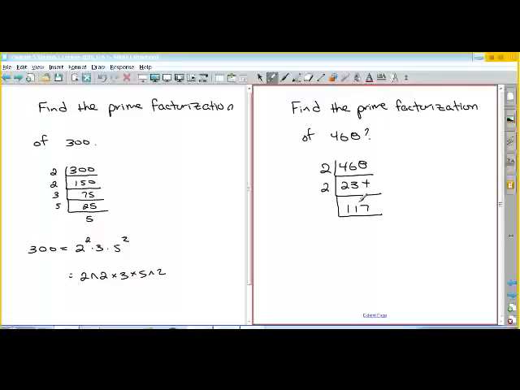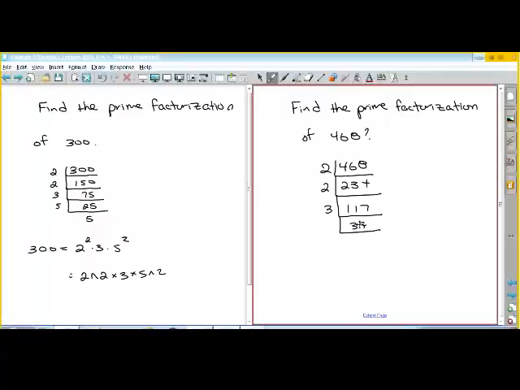So we go to 3, and the rule says if you take the sum of the digits, and you can divide the result by 3, it's divisible by 3. So 117 divided by 3 is, and I'm going to use my calculator just to show you that I'm not impervious to using calculators, 39.